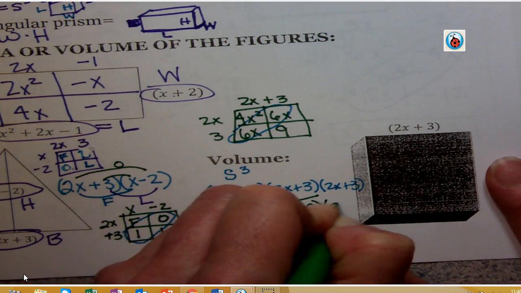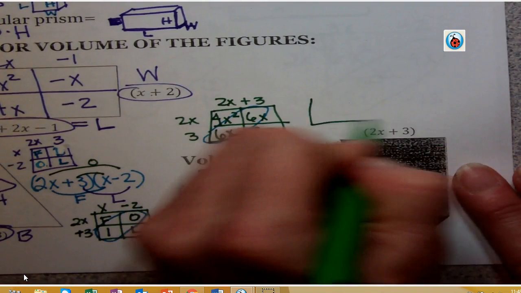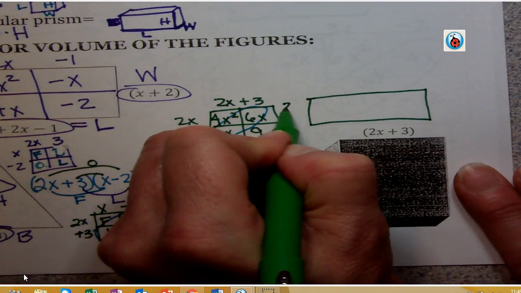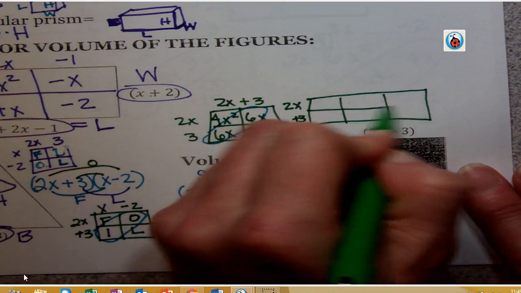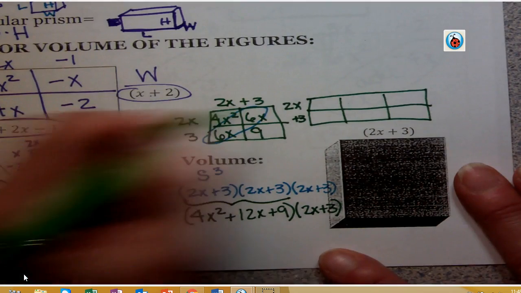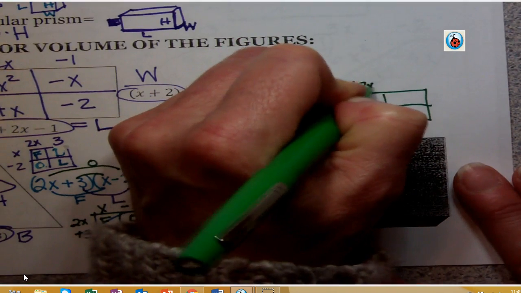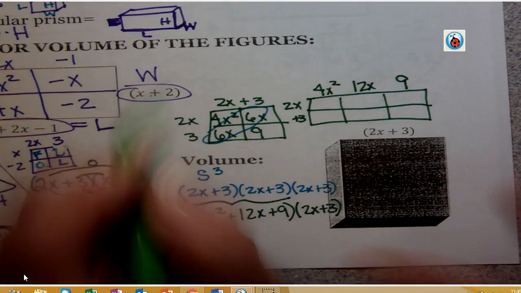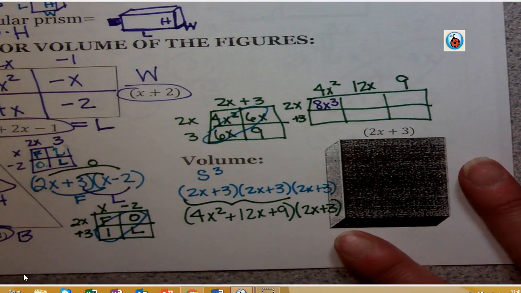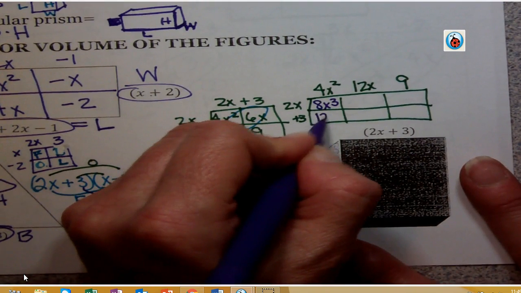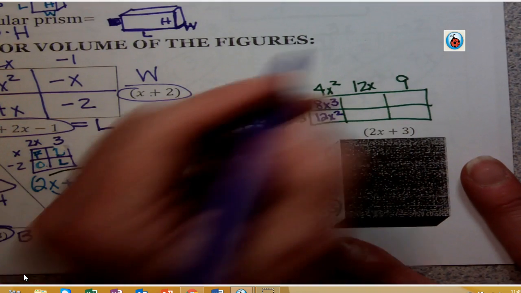We get 4x squared plus 12x plus 9. Now we're going to multiply that times 2x plus 3. So to do that, 2x plus 3, and we have 4x squared, 12x, and 9. We'd get 8x cubed, 12x squared. 2 times 12 is 24.